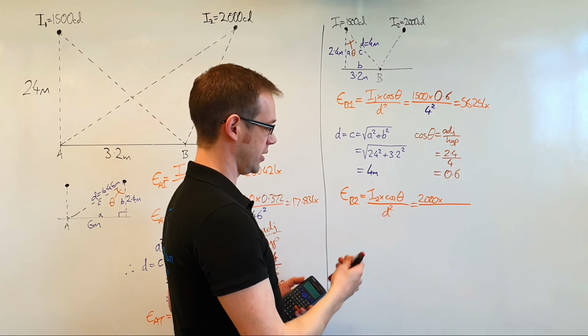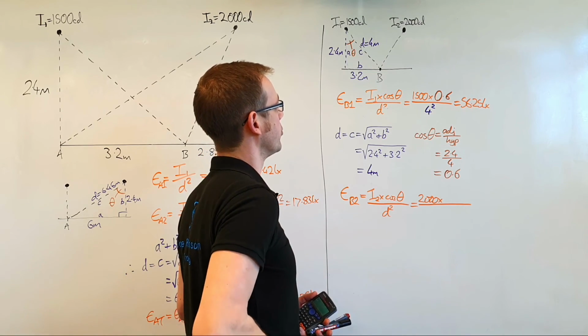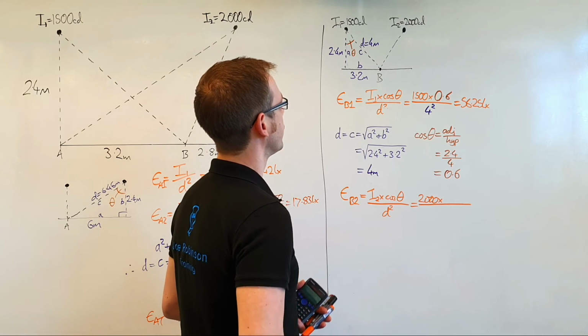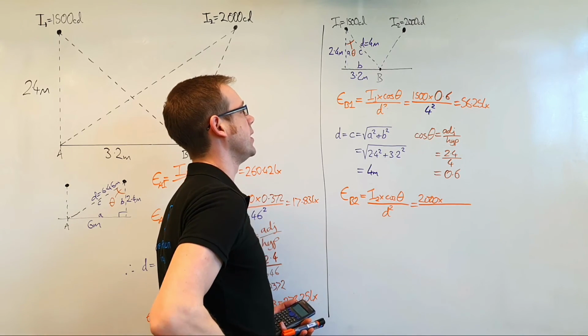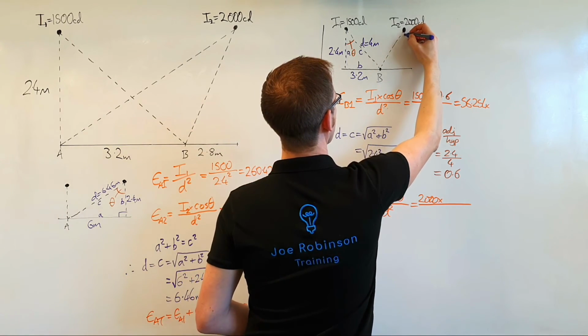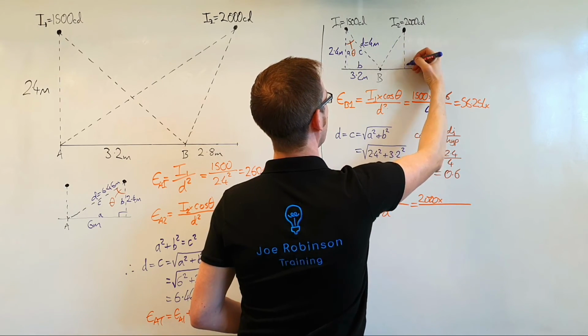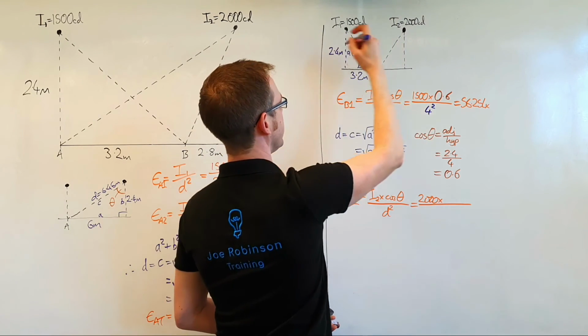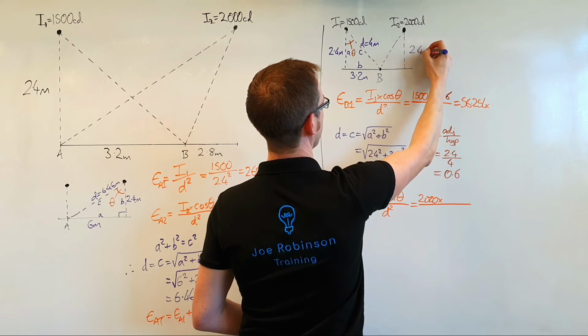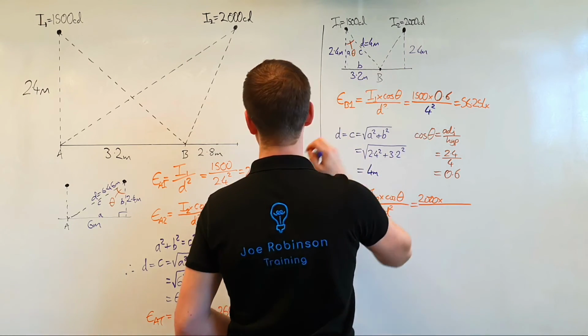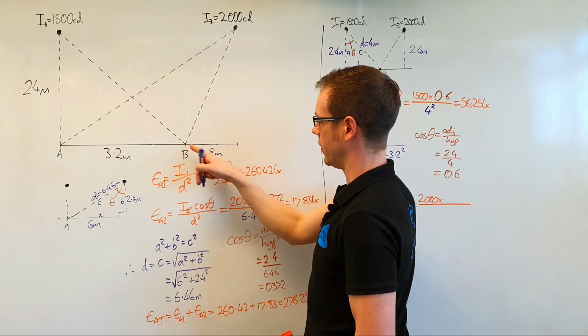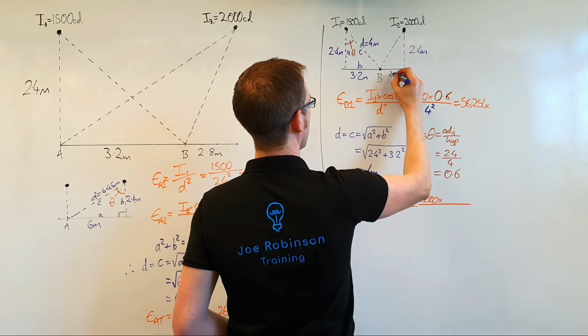So we're looking at a right-angled triangle, and that right-angled triangle sits in this position. It goes from there down to there. We know what the height of this is because the light fittings are mounted at the same height, 2.4 meters. We know this distance here, from there to there, is 2.8.